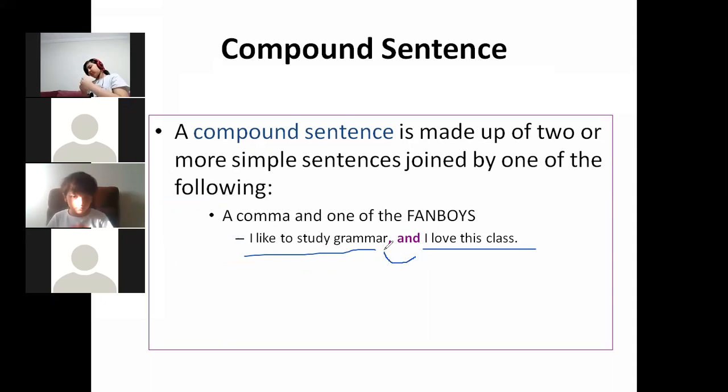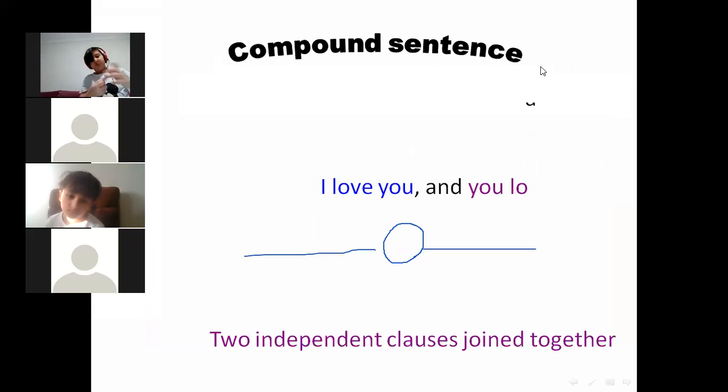So the compound sentence has two simple sentences or more than two, and it has a comma and a conjunction like and, or. So it has two independent clauses here, okay? Like, I love you and you love me.